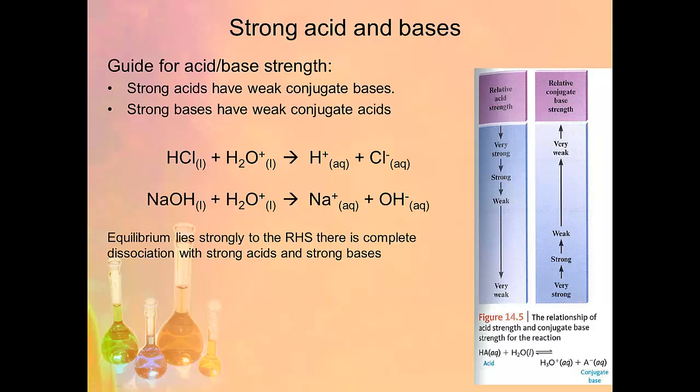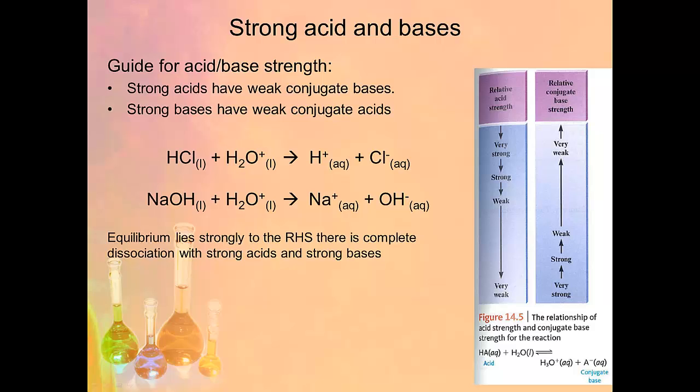So strong acids will have a weak conjugate base, and a strong base will have a weak conjugate acid. So when our acid dissociates, our hydrochloric acid for example, and we get some H+, we really know it's going to be H3O+, but remember I said we'd use this interchangeably, so H+ and some Cl-. That Cl- is a weak conjugate base.